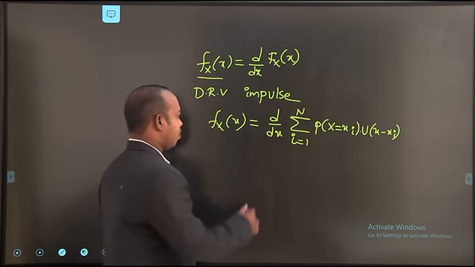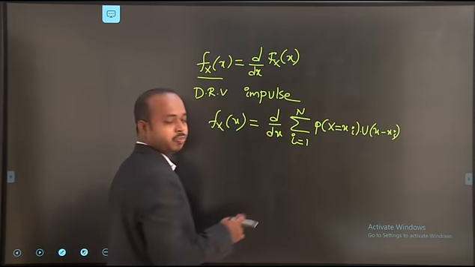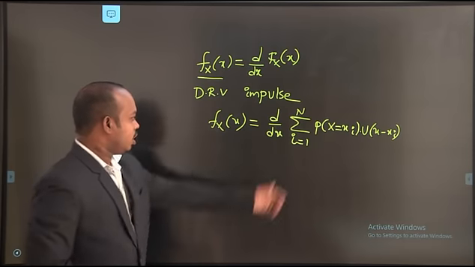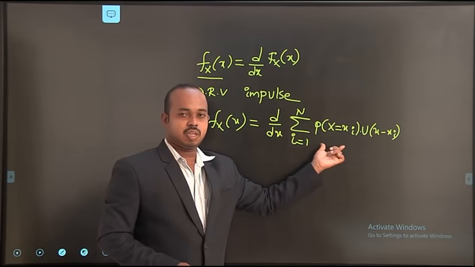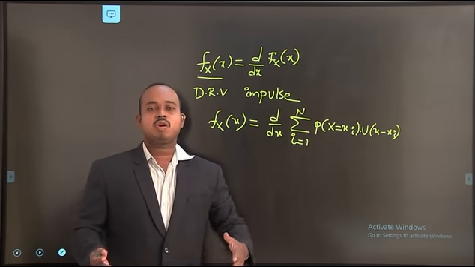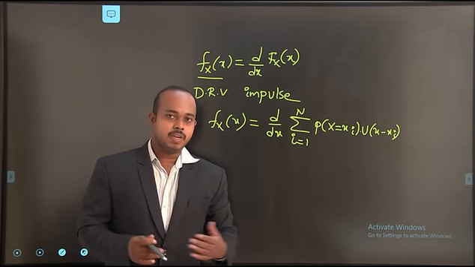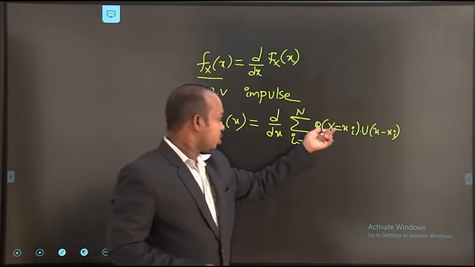Now we apply the differentiation with respect to x to each and every term. The first term is a probability, which is a constant value, not a variable. That's why we do not apply the differentiation to this probability.